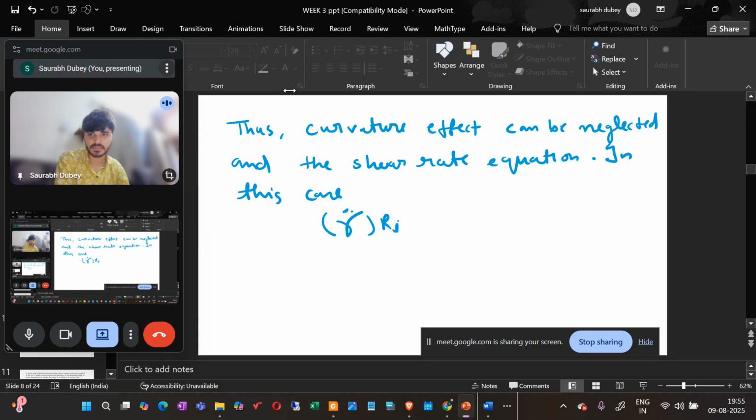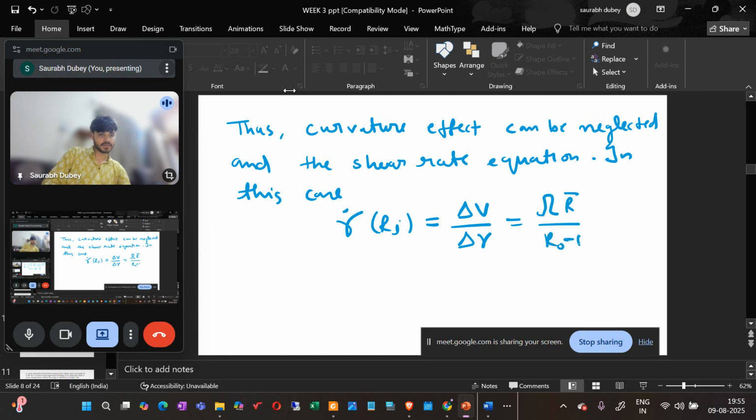Okay, let me just write it again. At Ri, gamma dot equals the rate of change of velocity to the rate of change of radial dimension, which gives you omega R bar divided by R0 minus Ri, right?